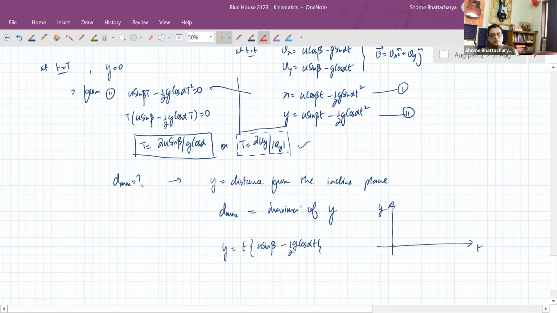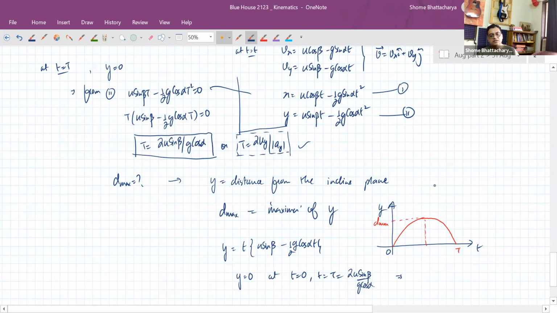The y coordinate is 0 at t equal to 0. It increases to that maximum distance at some particular time, and then again it decreases and comes to 0 at capital T. So y is equal to 0 at t equal to 0 and t equal to capital T, which we saw is 2u sine beta divided by g cos alpha.